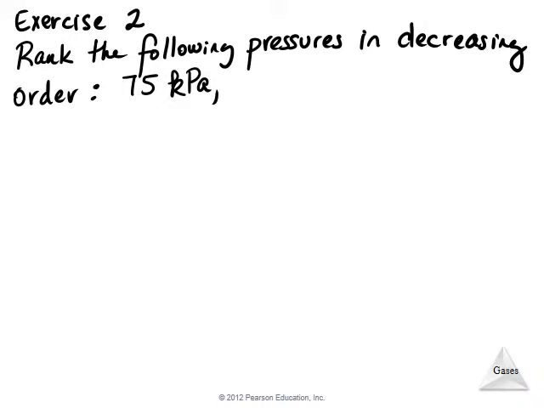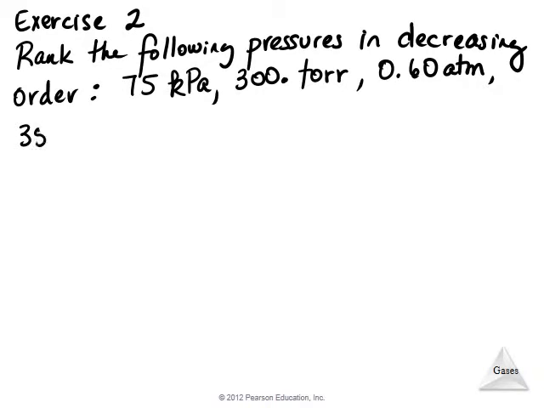And let's go with 300 torr. I'm going to put a decimal place there. That tells you I've got 3 significant figures there, right? Let's try 0.60 atmospheres. And 350 millimeters of mercury. Okay, so I've got 2 values there with 2 significant figures and 2 values with 3.